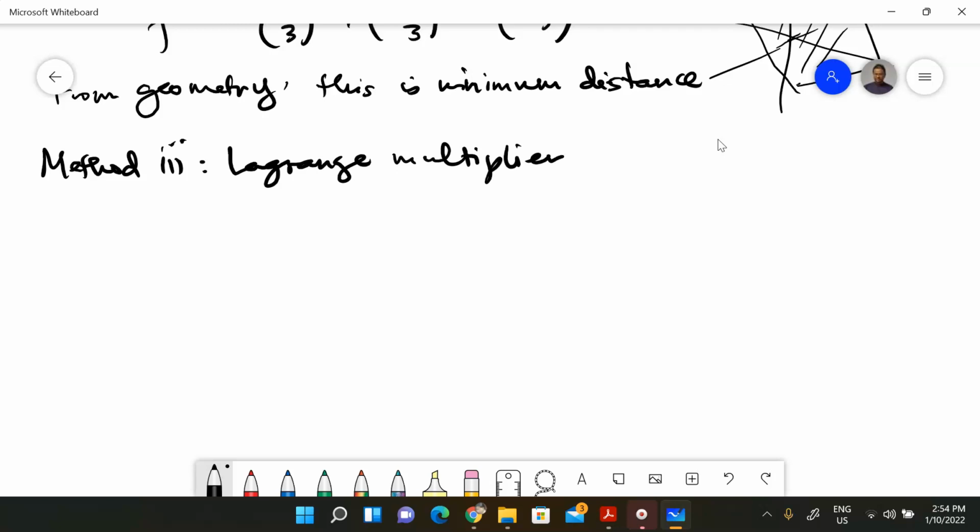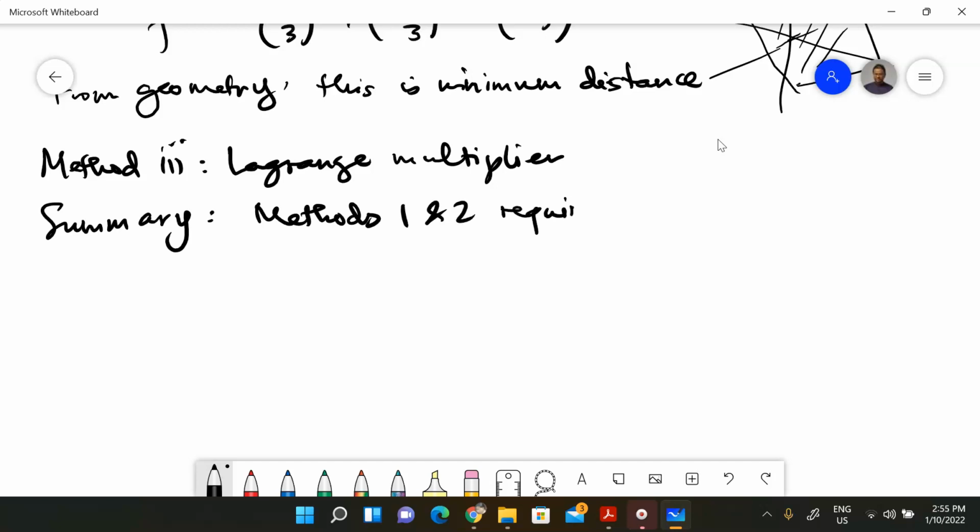So let's try to summarize first. Why do we want to add another type of method? Because methods 1 and 2 require what we call algebraic manipulation, which can be messy.